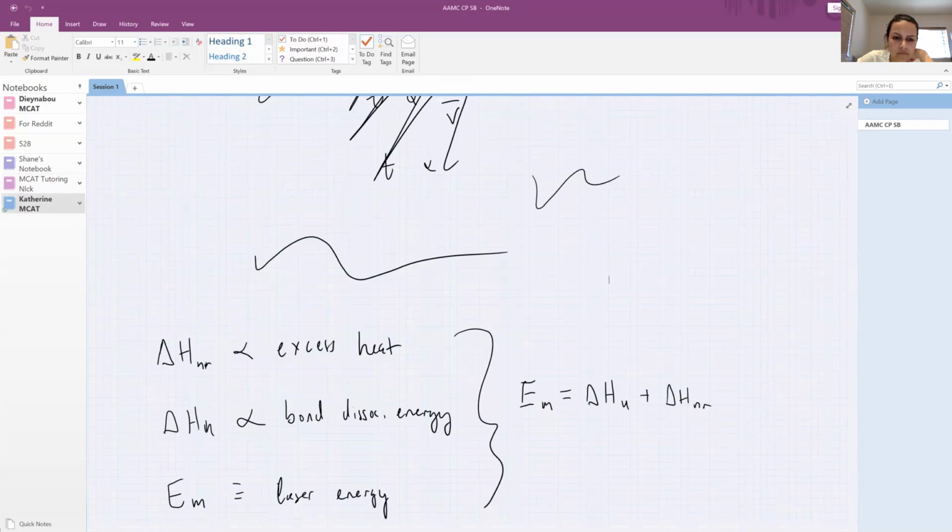And you could rearrange that as you wish. Table 1 talks about the bond dissociation energies in enthalpy. Enthalpy is just heat energy, that's the delta H stuff.